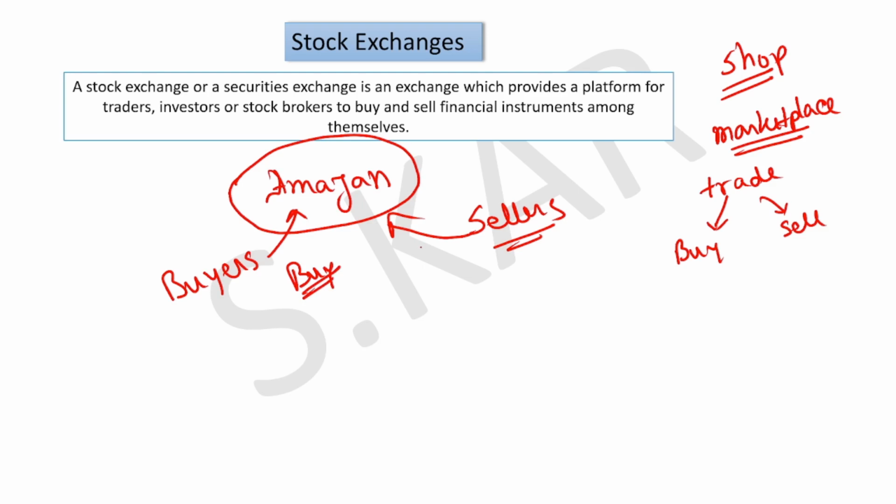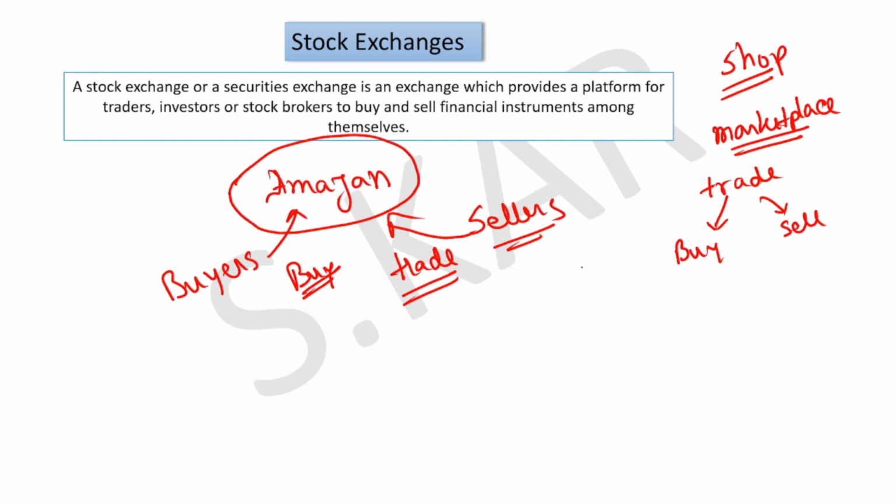If we have a GST and all, we can register on Amazon as a seller and sell products. So we can also trade on Amazon. So think of stock exchanges as the Amazon of shares, where you get the shares, but you don't know whom the shares belong to.